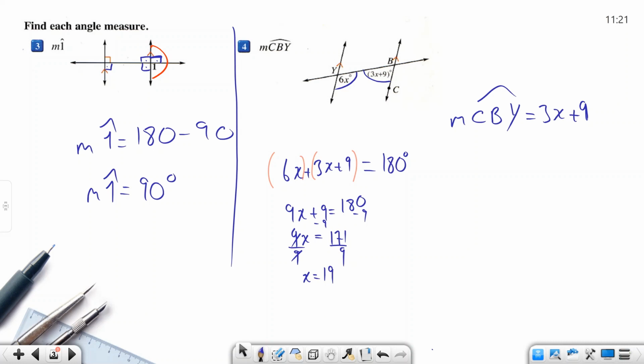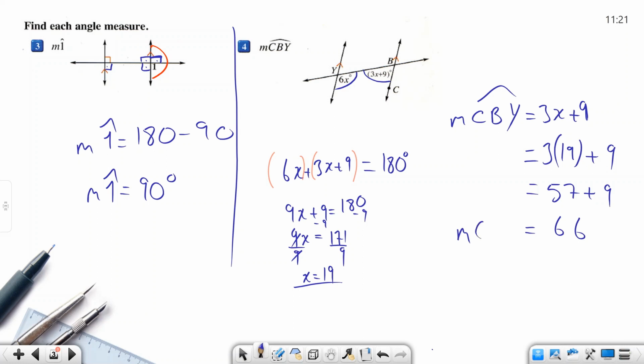It's equal to 3x plus 9. Let's substitute x, which is 19. 3 times 19 is 57, plus 9 is 66.